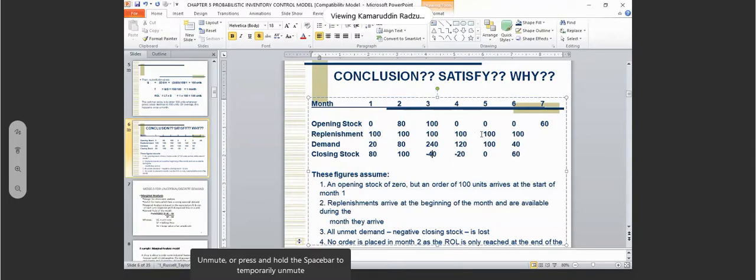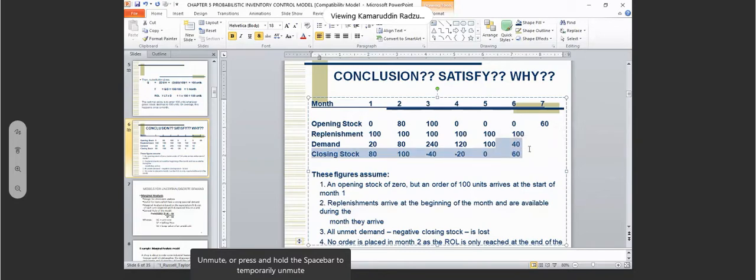So we replenish 100 units of optimum order quantity, and the actual demand is 100. So the closing stock is 0, and the next month, the opening stock is 0, and we need to do the replenishment of 100 units, and the actual demand is 40, and we have an excess of inventory of 60 units.